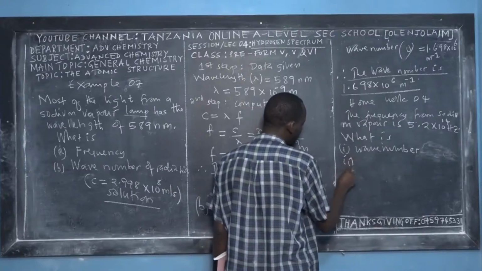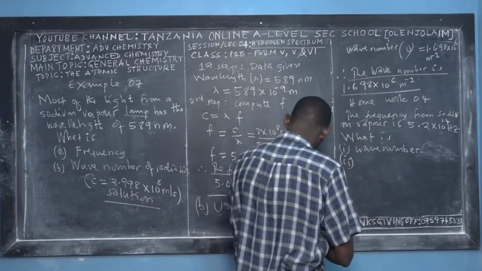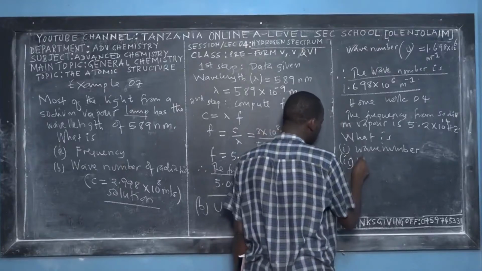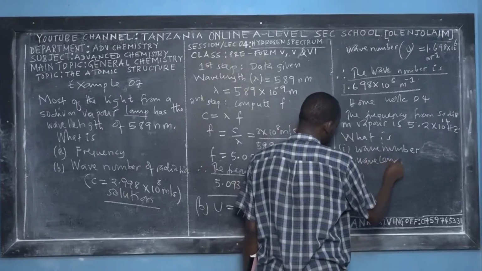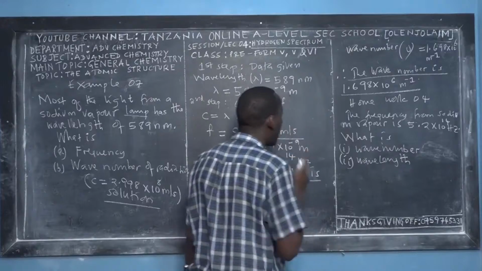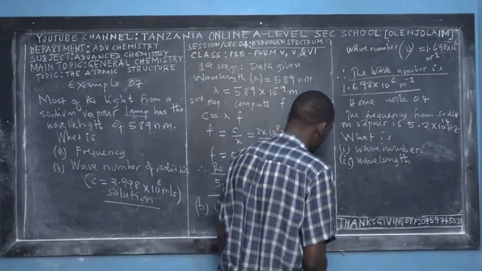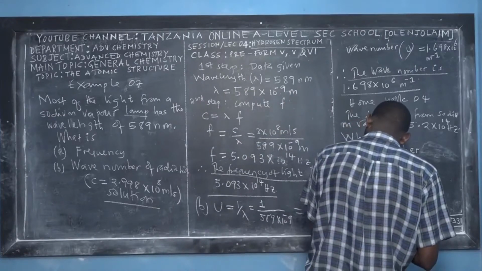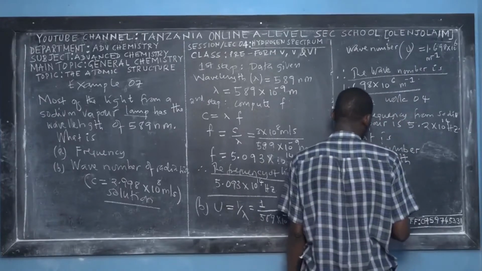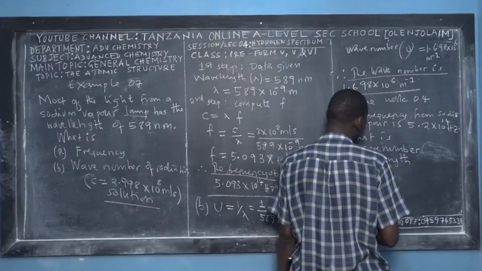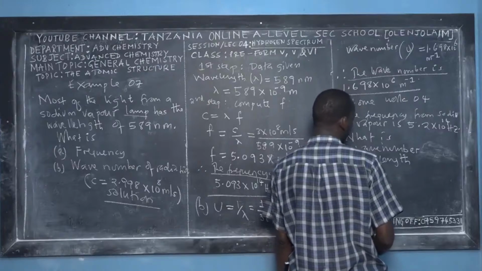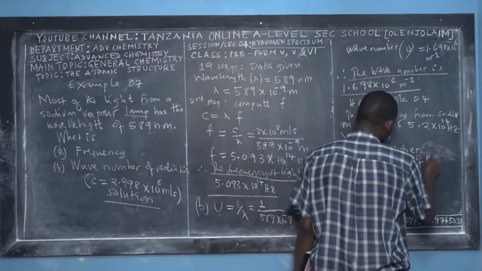And then find the wavelength of the light. And how do wavelength and frequency relate?